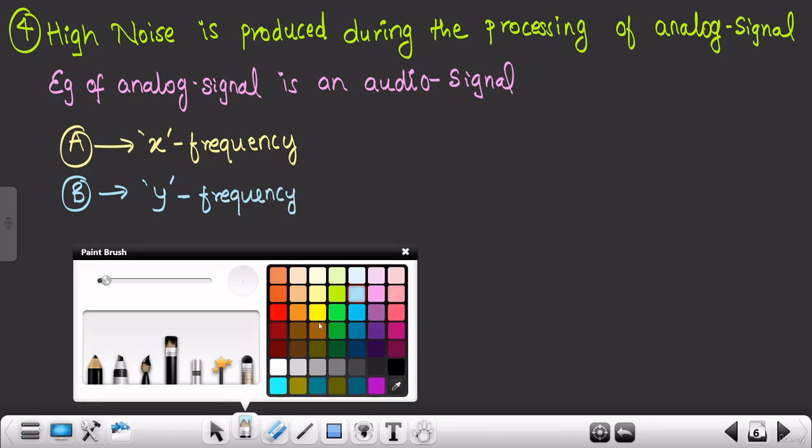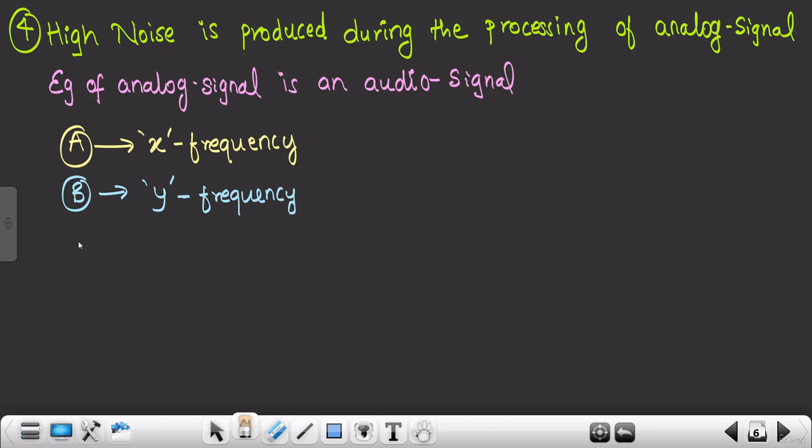And I have another mischievous guy, C, who is banging his tiffin, and that tiffin is producing some Z frequency of waveform, right?